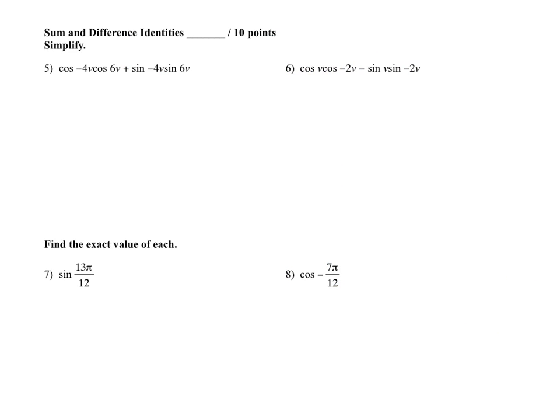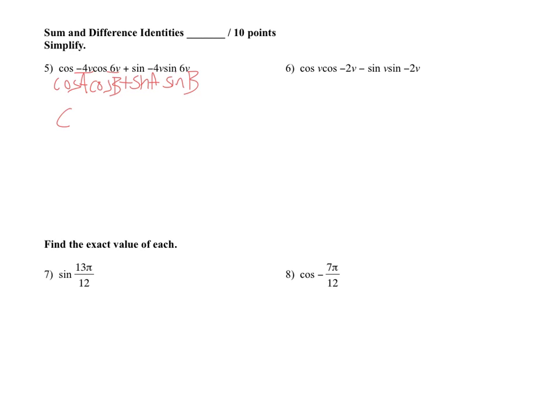Next up, we have to work with some sum and difference identities. And the first thing we have to do is figure out exactly what we're being asked to do. For this one, I happen to notice that if I were to write this as cosine A cosine B plus sine A sine B, where A is negative 4v and B is 6v, that happens to be one of my identities.